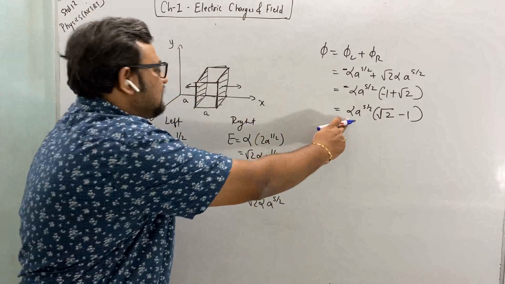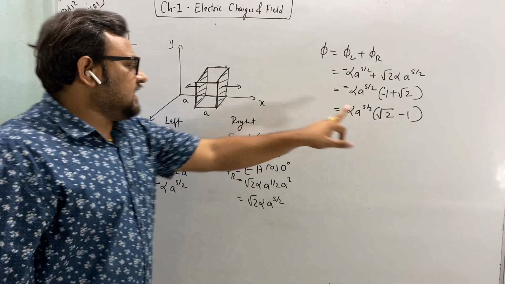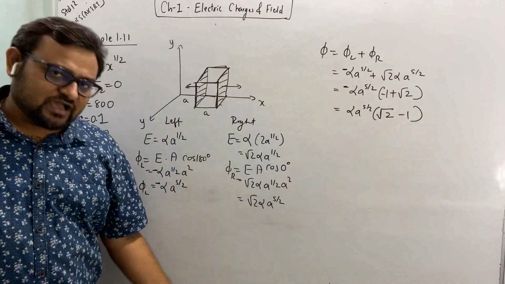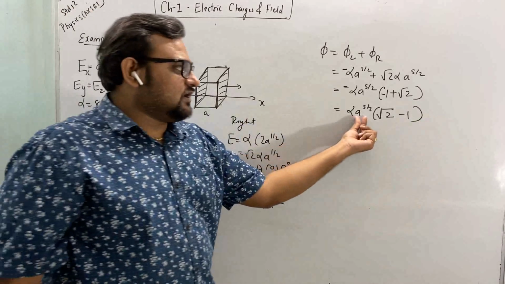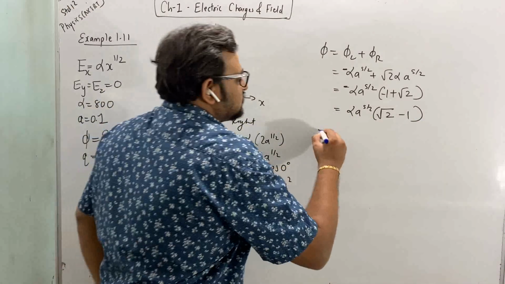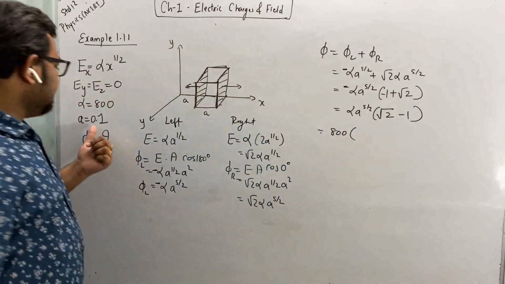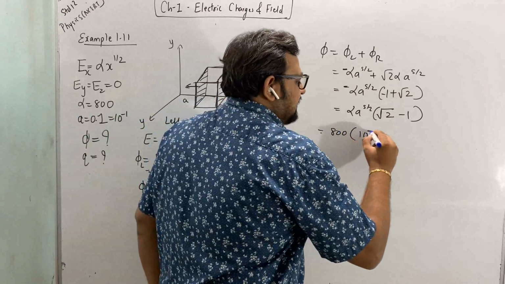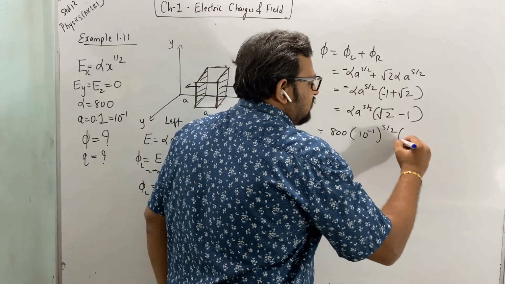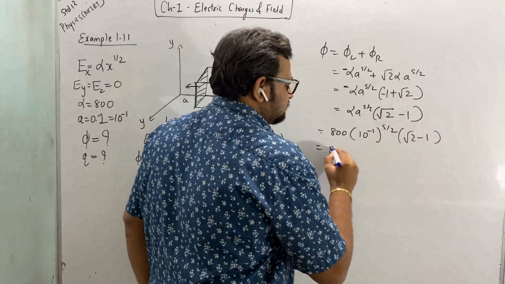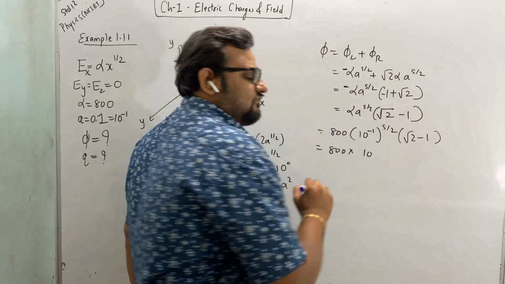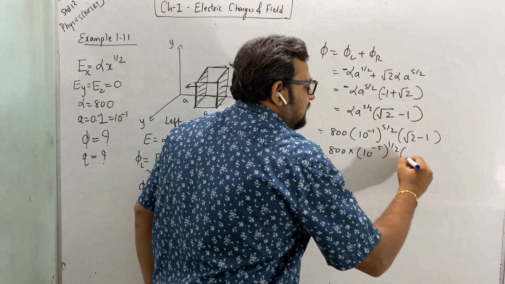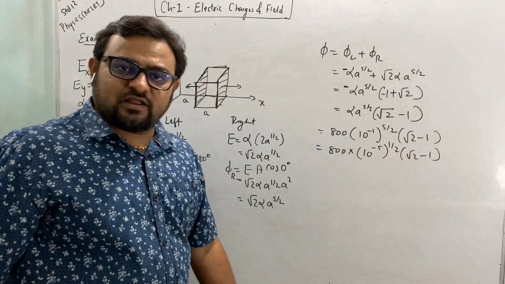Now just put down the value of alpha as 800, a as 0.1 and root 2 minus 1 and find out the answer. Okay, how will you calculate a raised to 5 by 2? See, I am solving it. 800, a means 0.1, I can write as 10 raised to minus 1. So it will be 10 raised to minus 1 raised to 5 by 2 into root 2 minus 1. Raised to 5 by 2 means 10 raised to minus 5 by 2. Clear?